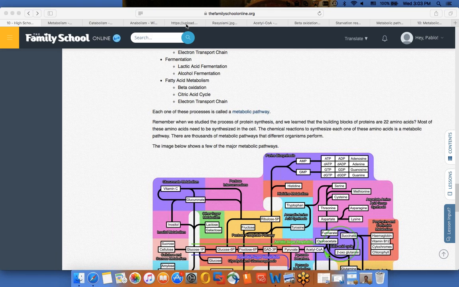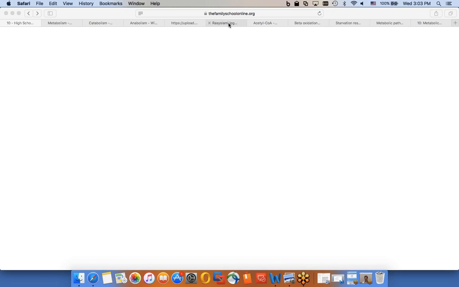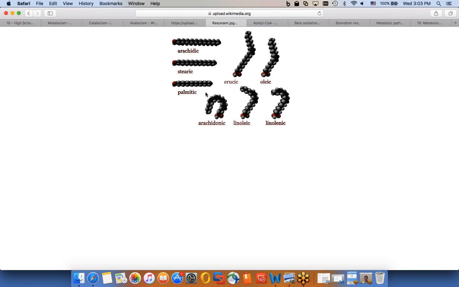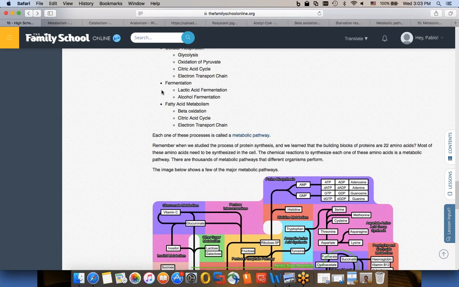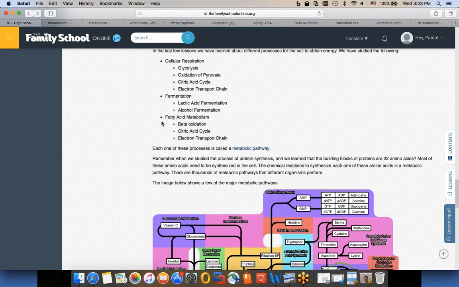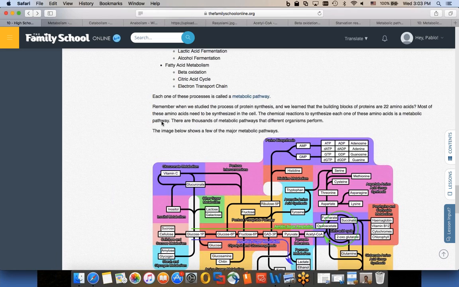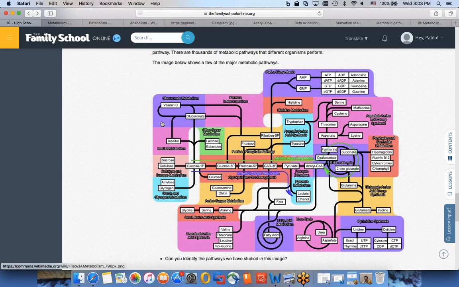So you start with fatty acids, these chains of carbon, and you end up with carbon dioxide and also ATP, a lot of ATP. So there's three different metabolic pathways of that, and there are thousands of these metabolic pathways in the body, really, lots of them.